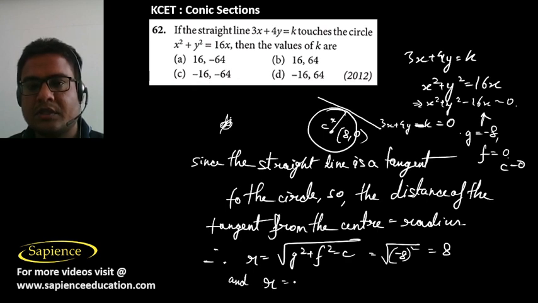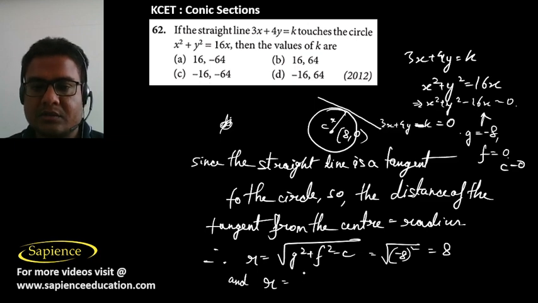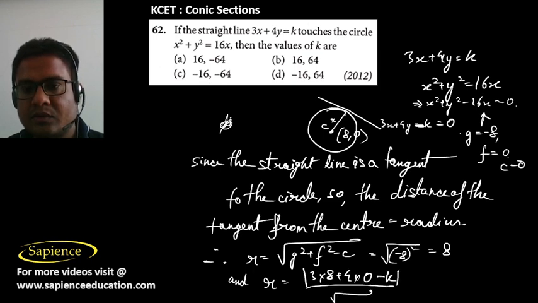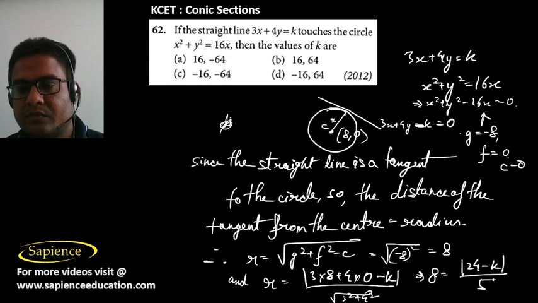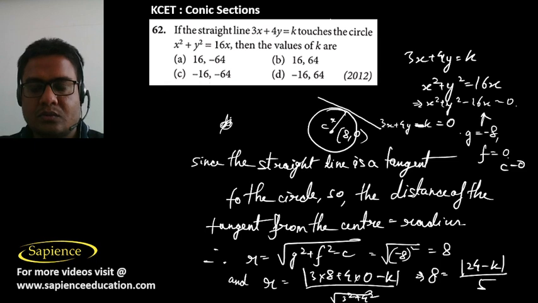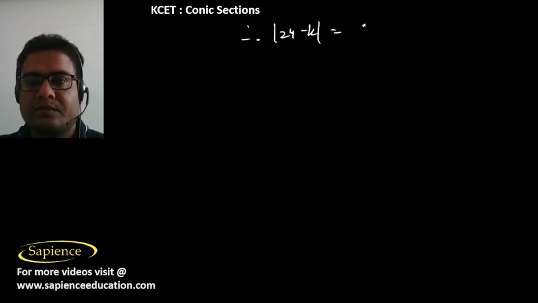And therefore the radius r will be equal to the distance of this line from the center, that is mod of 3 into 8 plus 4 into 0 minus k by square root of 3 square plus 4 square. It means that r, which is 8, will be equal to 3 8s are 24 minus k by 5. Then we have to find the values of k. So therefore mod of 24 minus k is equal to 5 8s are 40.